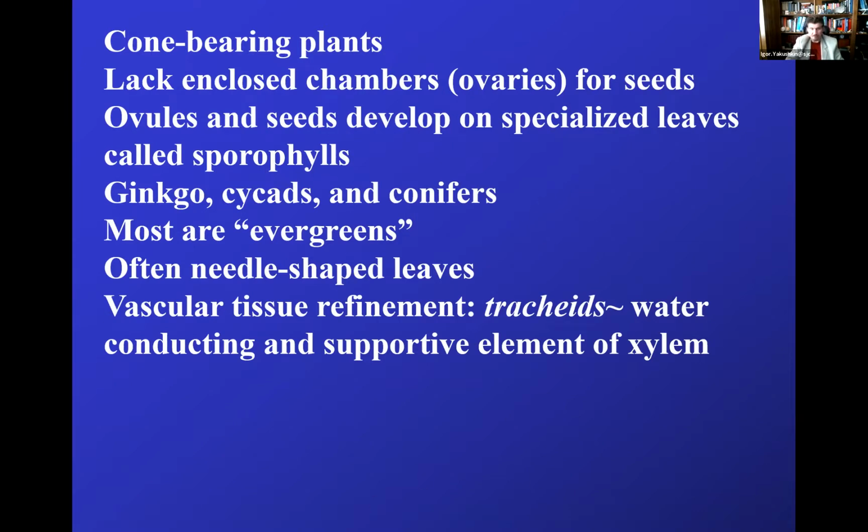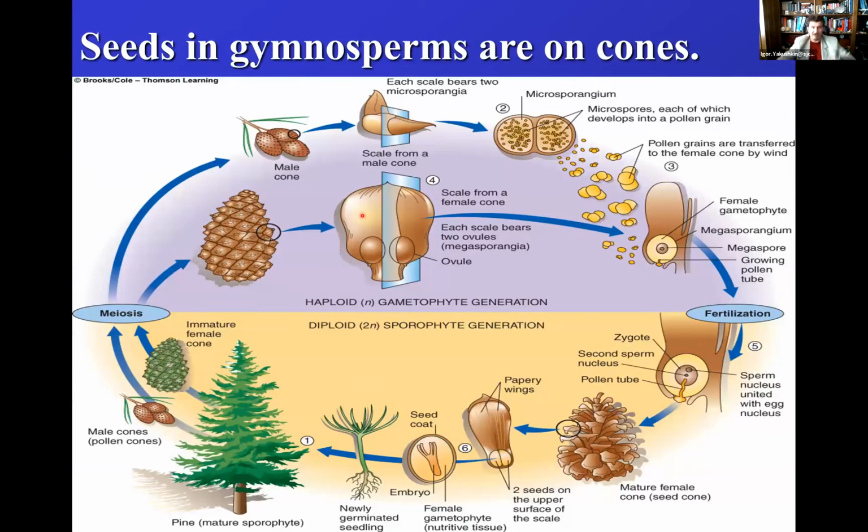So anyway, here we still have the alternation of generations. Whatever you see is the sporophyte: the trees, the Christmas trees, or pine trees, the cypresses, etc. All of that is the sporophyte. Within the sporophyte, this is where the male and female cones will produce the spores. In the male cone, it will produce tiny little bitty spores.